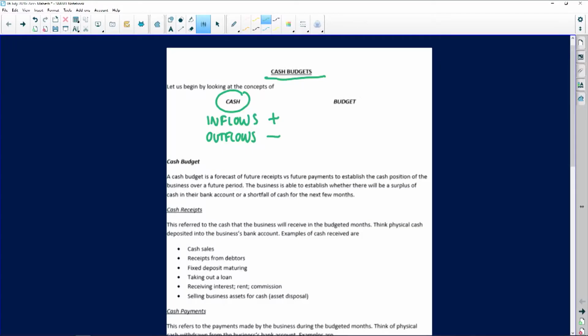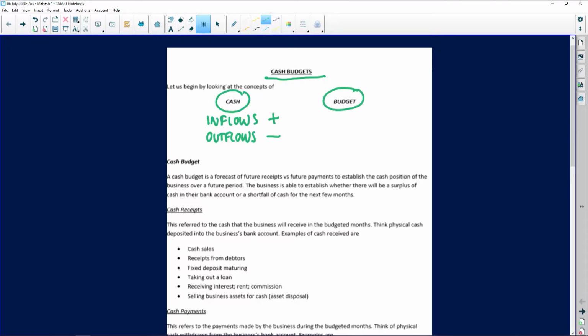Inflow of cash, money is going into your bank account, and your bank account is increasing. Outflow, on the other hand, money is leaving your bank account, and your bank account is now decreasing because you're making a payment. So that's as far as the word cash is concerned: inflows and outflows of money going into and leaving your bank account.